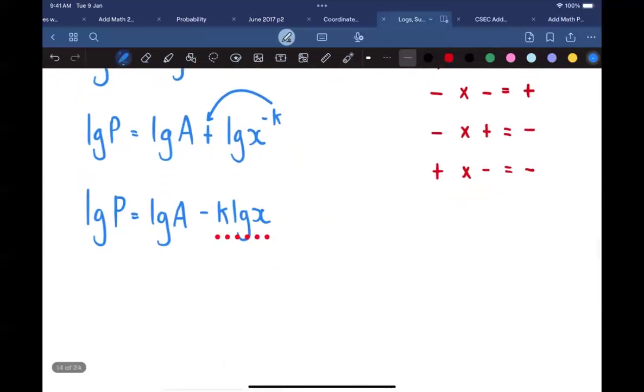Yes. Okay. And then what form do we want to put it in? Right. So that will be log P equals, since you want to put it into y equals mx whatever. Would it still be minus K or would it just be K log X?